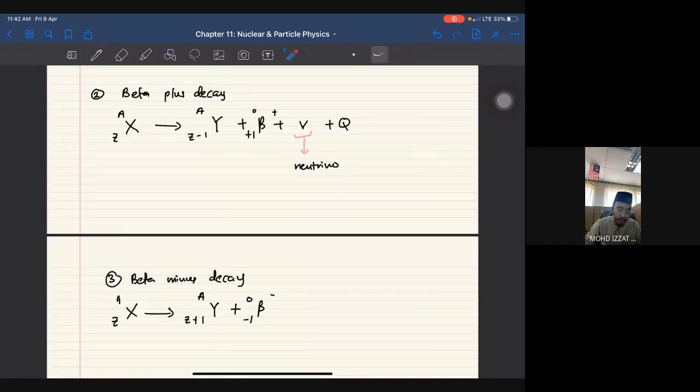So example over here, kalau ni 10, this one will be 11, and then this one is negative 1. So it balance out. And then to balance out the energy, you put Q. To balance out the spin, you put V bar. Okay, this one is actually your anti-neutrino.